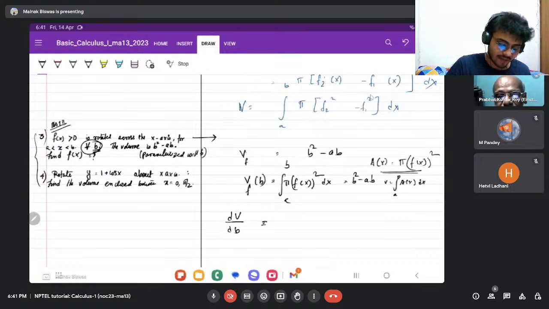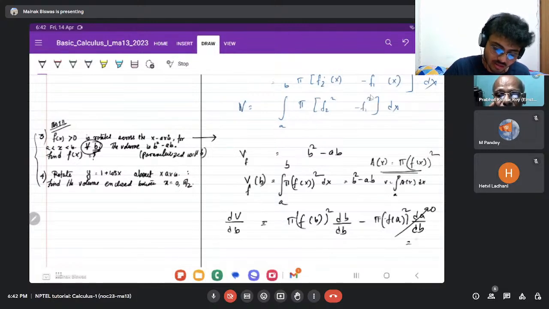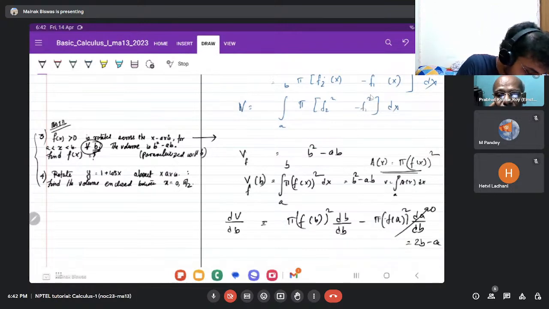So you'll have pi f of b squared into db, Newton-Leibniz, minus the same thing, pi f of a squared into da/db, which is 0. It's a constant, which is equal to 2b minus a. Agreed? I took the derivative by differentiating both sides.